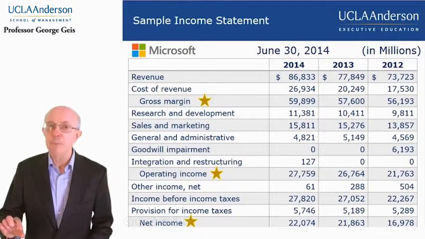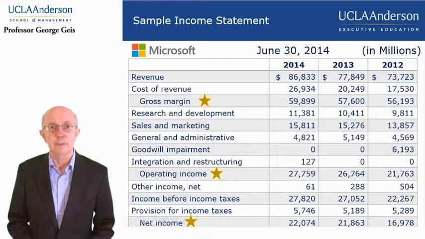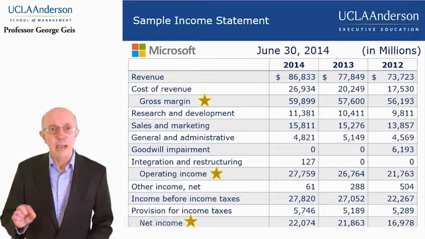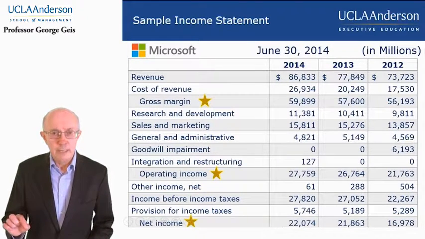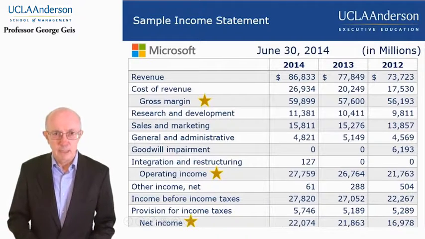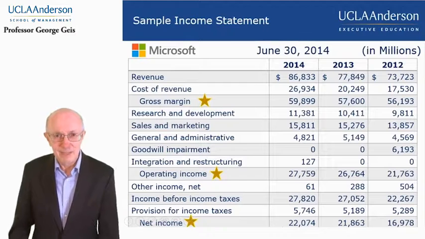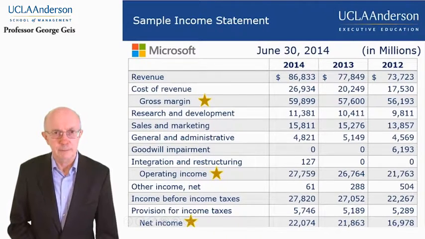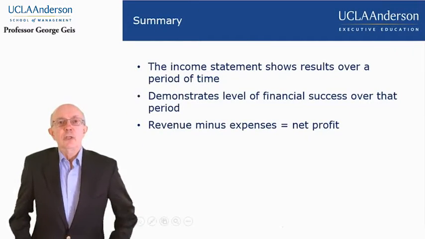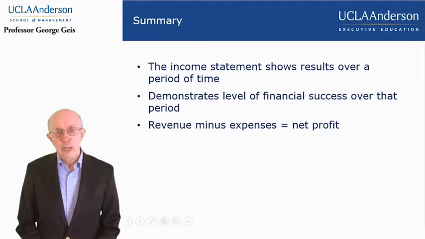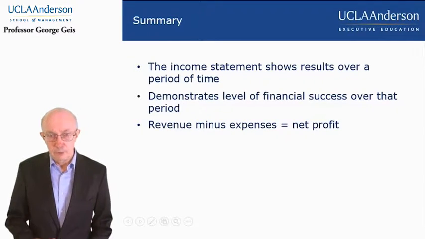You look at other income statements, you may break down other categories, but you're talking about key lines being gross margin, operating income, and net income, which basically takes out all expenditures, including taxes, in determining this important element of profitability.